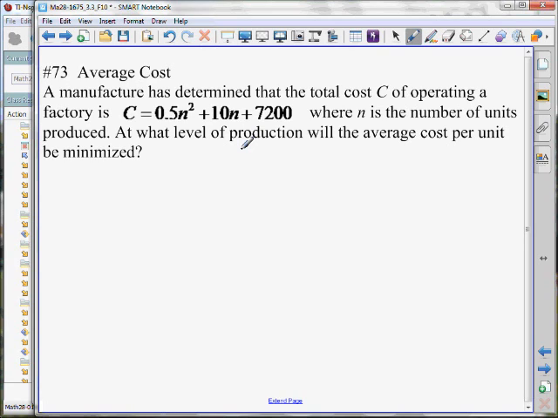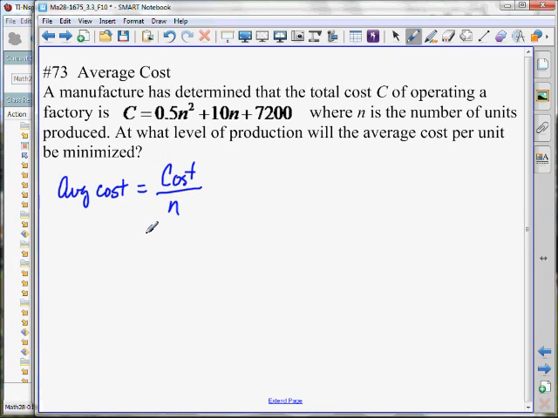What formula or function can we build? How would you compute average? Divided by number of units, yeah.